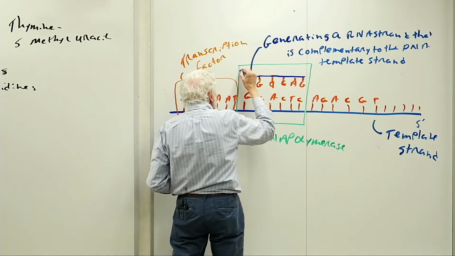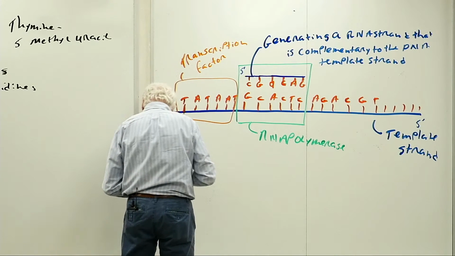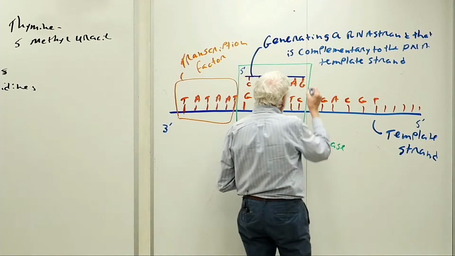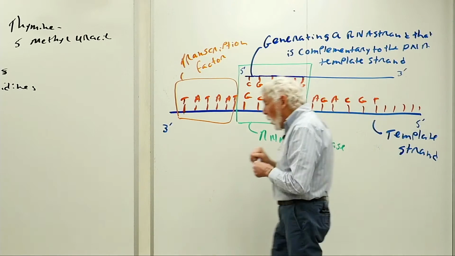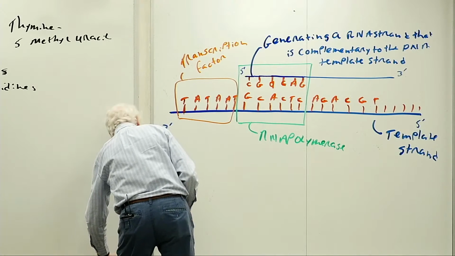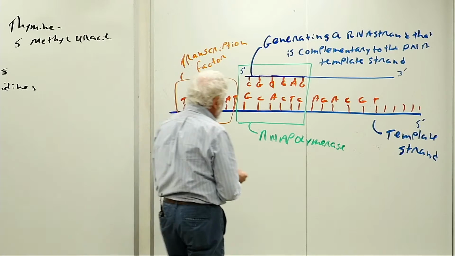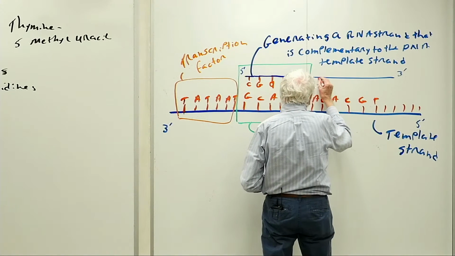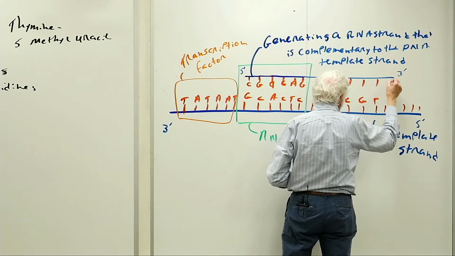But I want to point out that when this is generated, this is going to be the 5' end. And then down here someplace, it's going to be the 3' end. And all along that length, the RNA polymerase will have placed the right bases, complementary bases, to generate this strand.